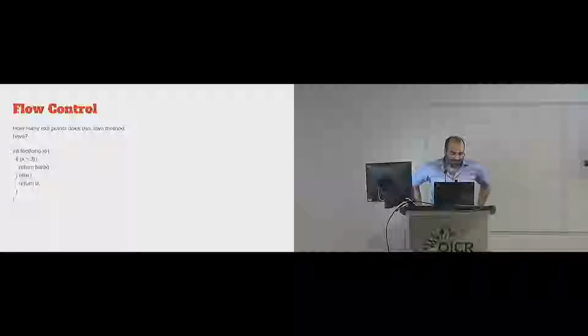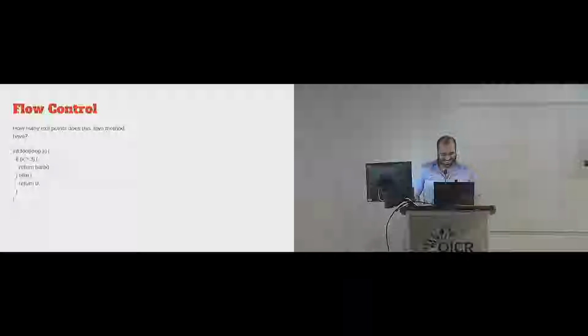All right, let's do another fun thing and then we'll start putting pieces together. How many exit points does this Java method have? How many people think 0? It never exits. No one's going for that? Okay, 1 exit point. You know this is a trick question, don't you?